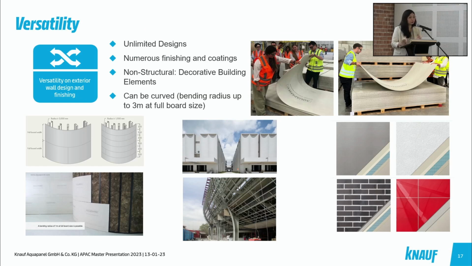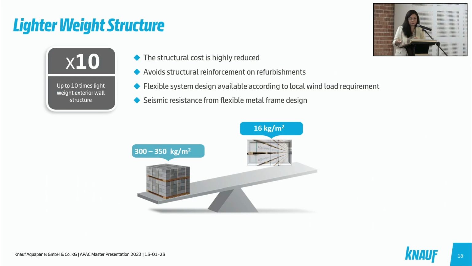As an architect, you would love it because it can receive numerous kinds of finishing and coatings, and it can bend, so it is a very good product as a facade and as a decorative, non-structural building element. Last but not least, it bends up to 3 meters as a full board, but as I mentioned before, anything smaller is also possible.